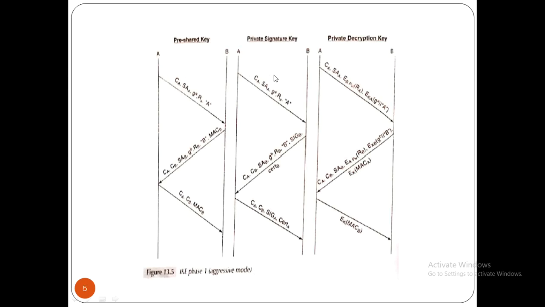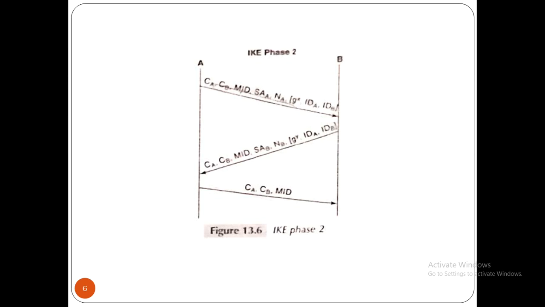I do not want to cover again the two more options. These are almost the same as the previous ones, but only three messages are exchanged in the case of the aggressive mode. So now, after this phase 1, either in the main mode or aggressive mode, comes the second phase.